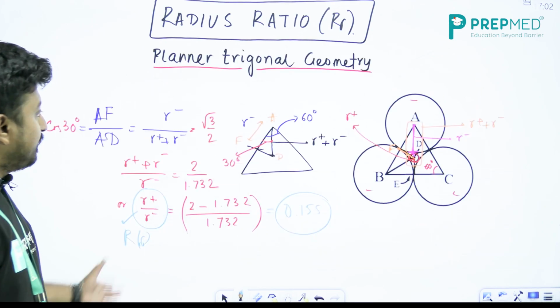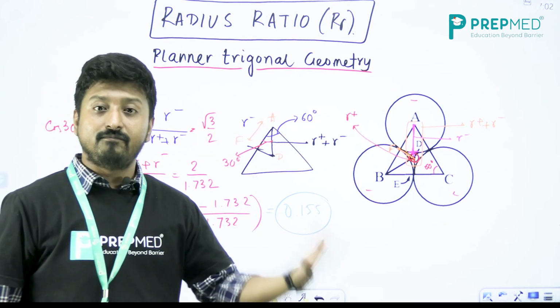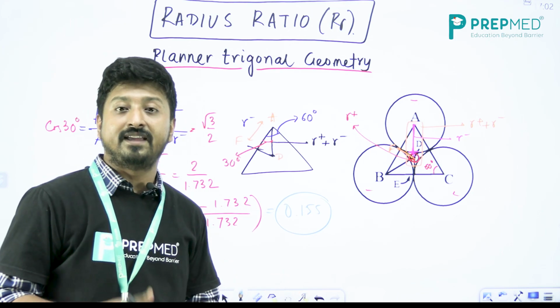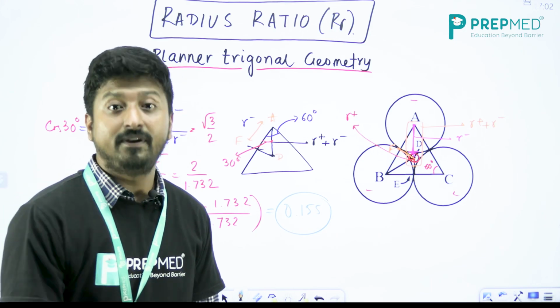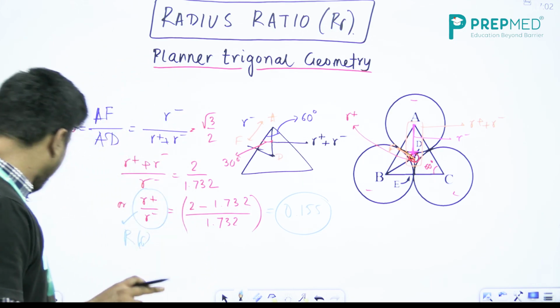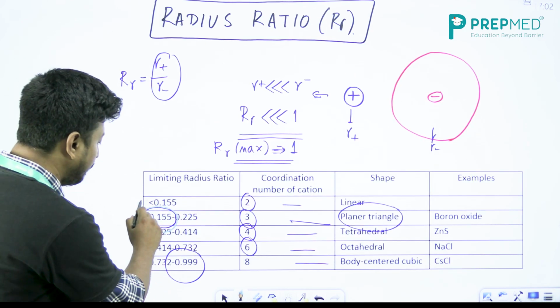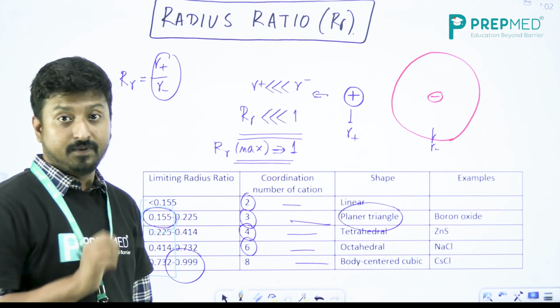That means by the same method using some cos angle, sin angle, you can also calculate the limiting radius ratio of different geometries, and that should actually match with these particular values, right?